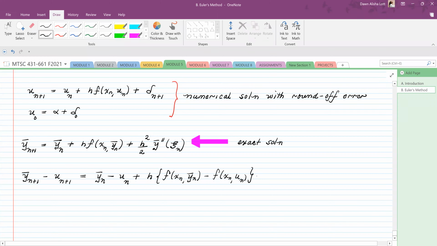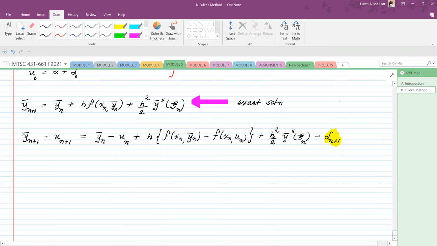And then I'm going to have plus h squared over 2, just like before, y bar double prime at c n. But this time I'm going to have my round off error. So this is the new term.